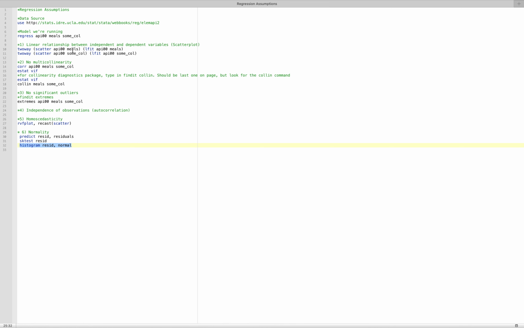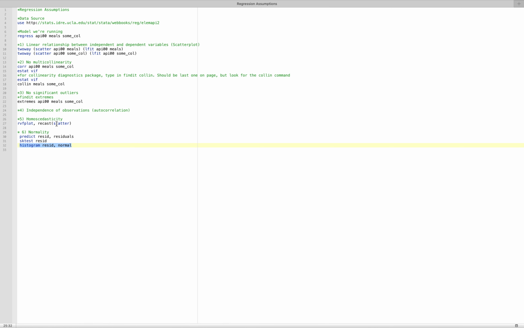Sometimes that may have to be met. We can talk about different tests where the linearity assumption has to be met, at least to some extent. No significant outliers is also very important. Independence of observations is important. Again, probably not for this course, but in other courses you'll talk about ways that you can deal with data where independence of observations, the assumption, is not met, such as autocorrelation.